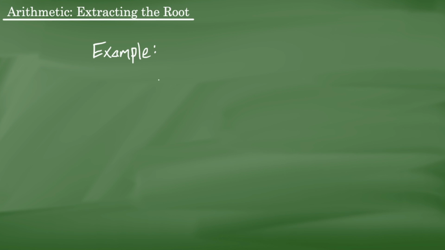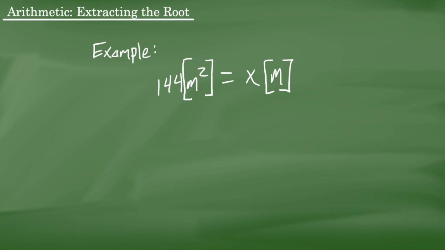If we are given 144 meters squared, we can remove these for now, such that it would be, say, x meters times x meters. And we can focus on the 144 equals x times x.